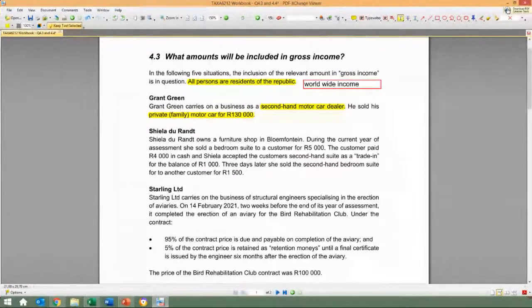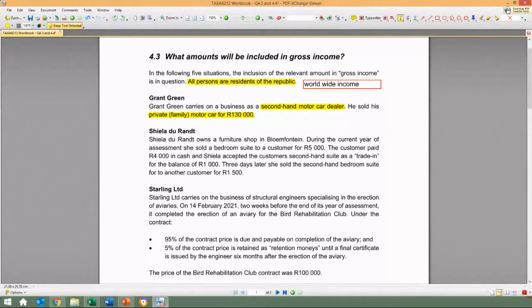That car wasn't part of the business to start off with. Because if it's part of the business, it would be seen as trading stock, which means it would be included in your gross income. Whereas if it is a personal car, you've bought it separately from the company, and it is not sold by the company at all, then it would be seen as capital nature because it is not trading stock.